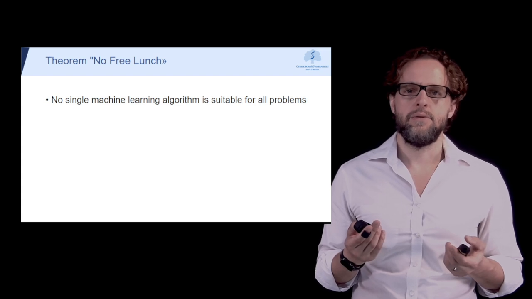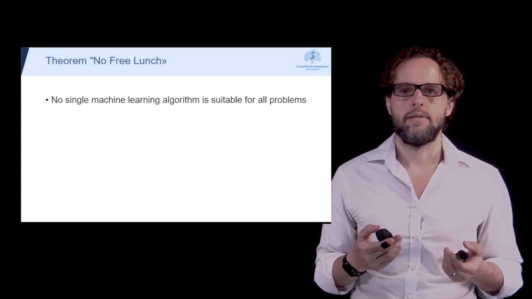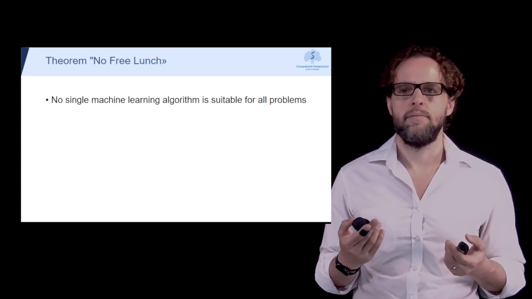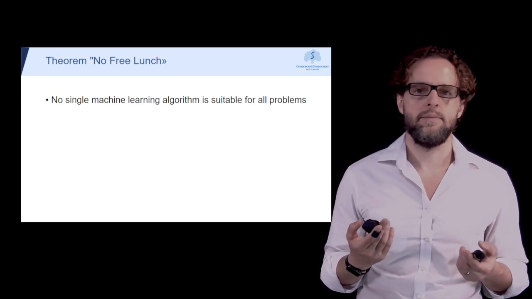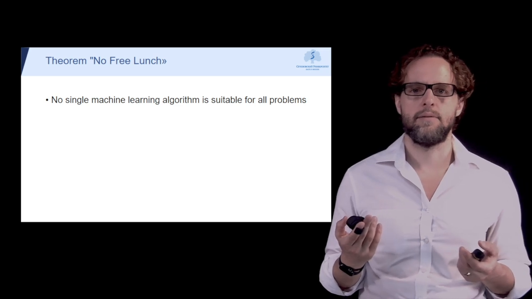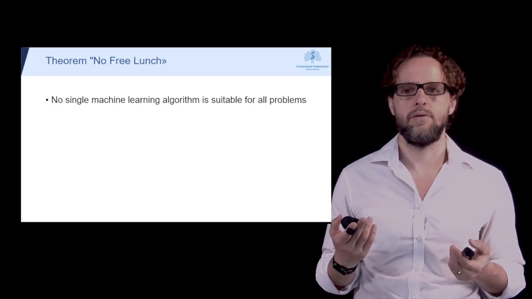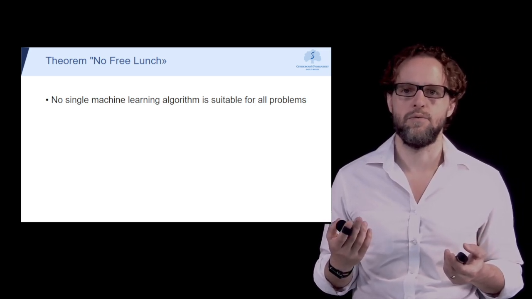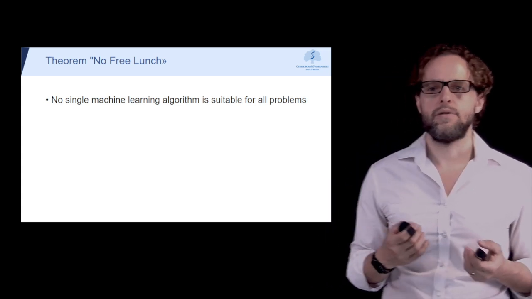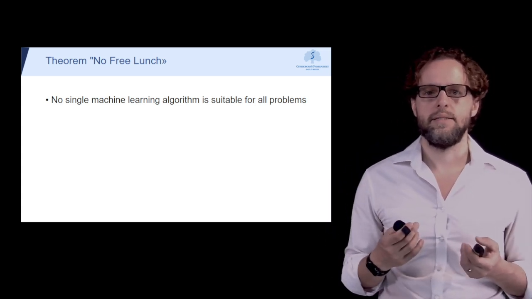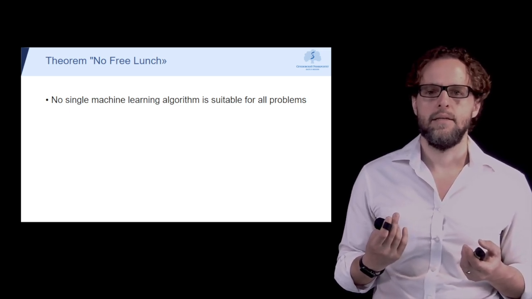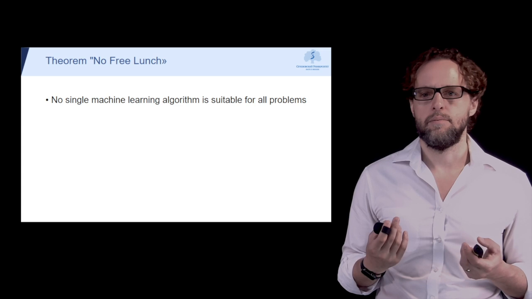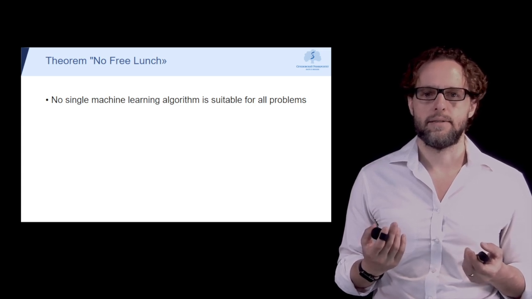When applied to supervised machine learning, the meaning of this theorem boils down to the fact that there is no algorithm that works better than others on the entire set of problems. If a certain algorithm works better, faster, more accurately on some tasks, it means that it will be worse on other tasks.